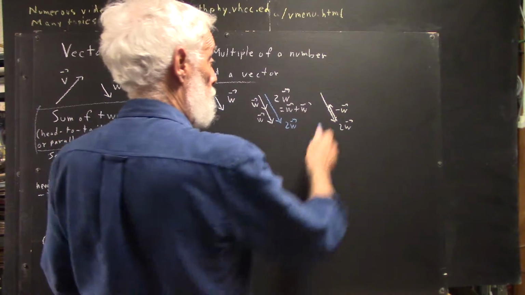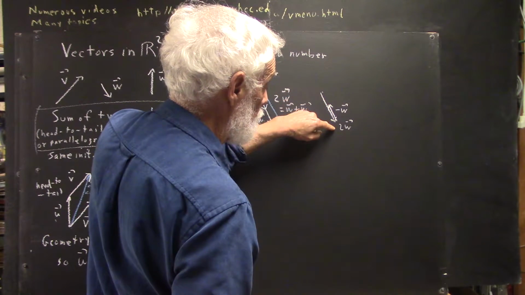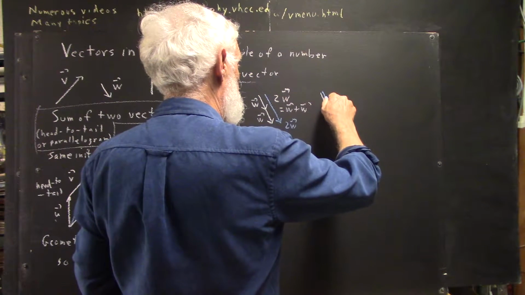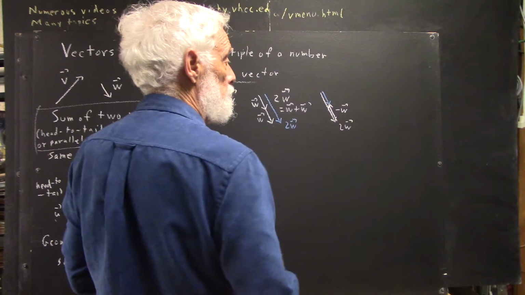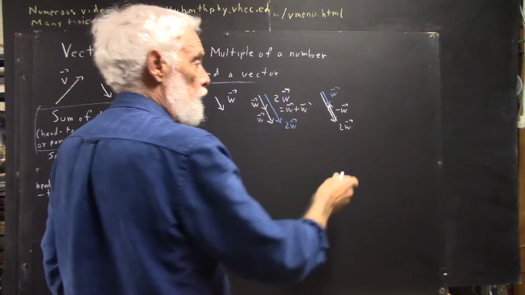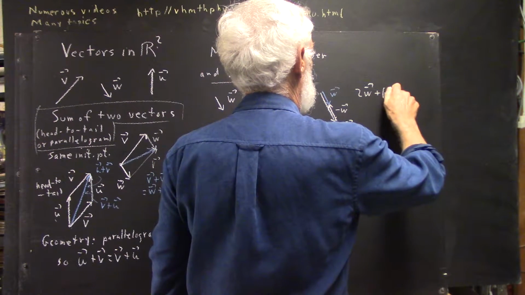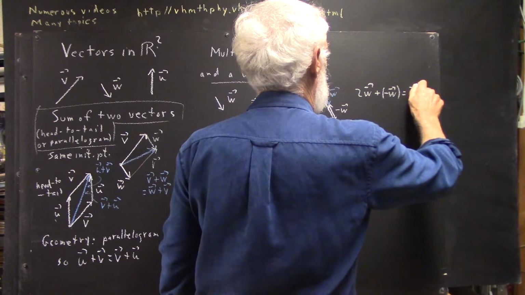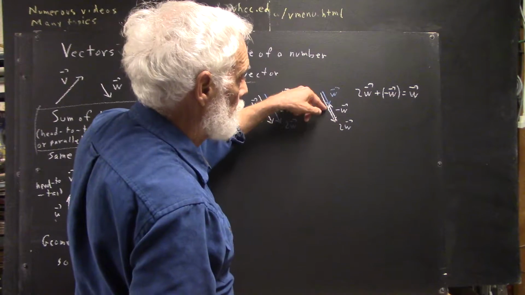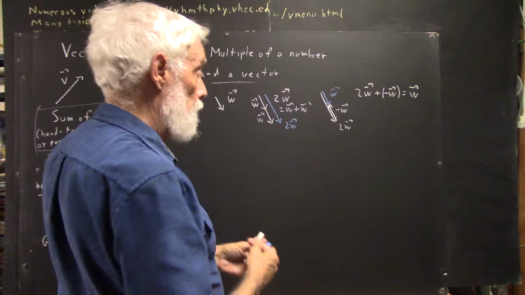Then the resultant of that goes from the initial point of the first vector to the terminal point of the last vector, head to tail, and would be W. So here's an example of the fact that 2W plus the vector negative W equals the vector W, so that negative W is a vector in the direction opposite W, same length. So that means a negative sign takes the vector in the opposite direction.